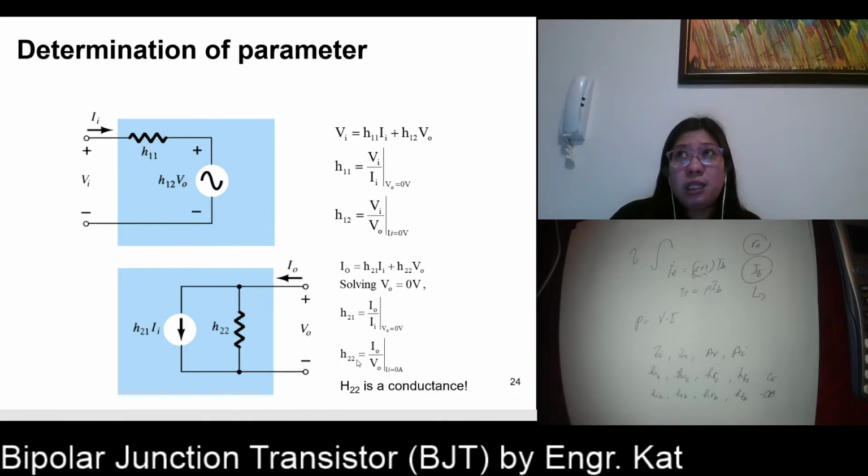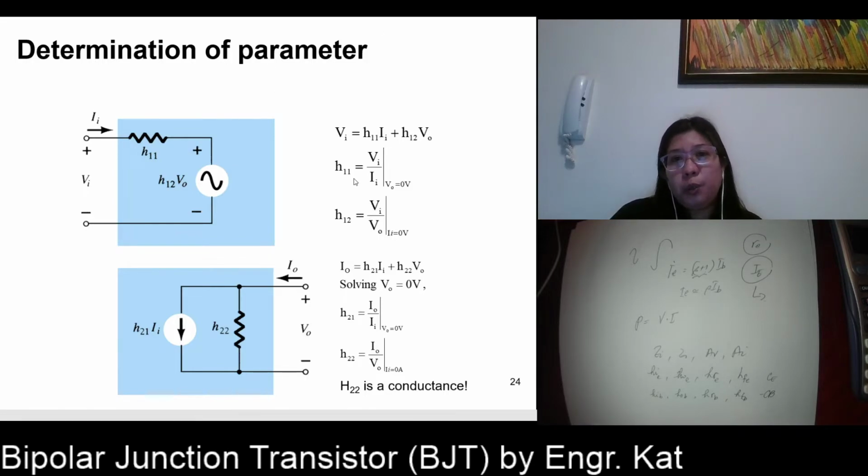This is the reciprocal of a resistance, and the reciprocal of a resistance is a conductance. So H22 is a conductance. Okay? So what do we call this? We call this an open circuit, because you have to open your I input here to solve for your H22. So this is your open circuit output conductance parameter.